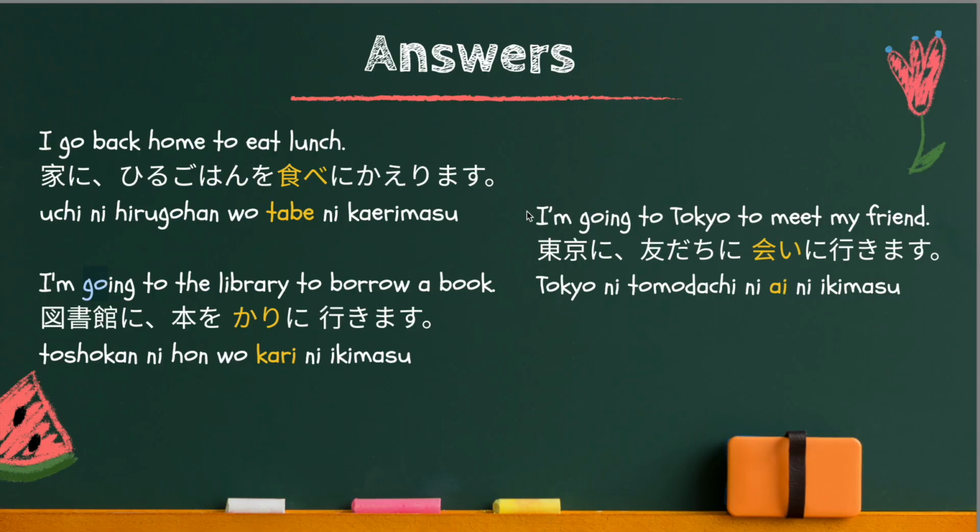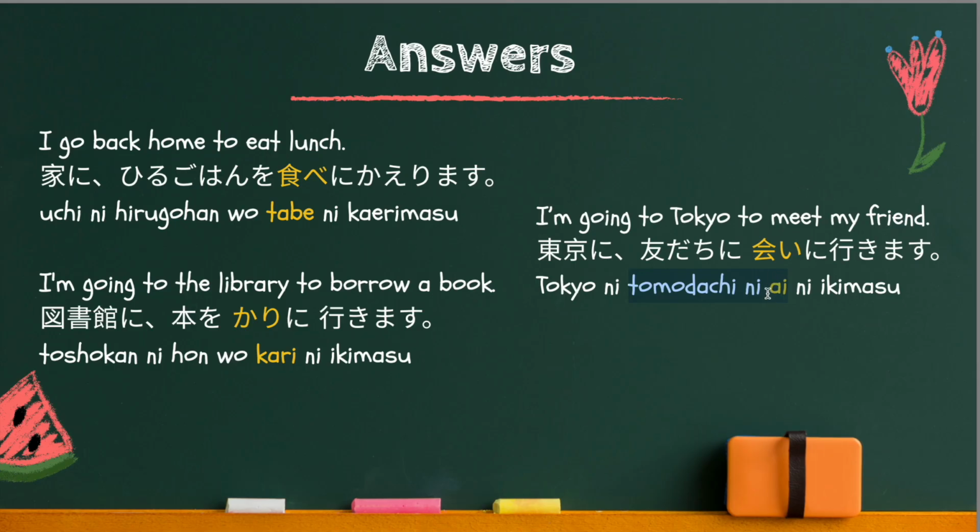Lastly, I'm going to Tokyo to meet my friend. Destination is Tokyo. So Tokyo and に particle. The purpose is to meet my friend. 友達に会い. The verb stem of meet is I because originally 会います. So drop mas off.